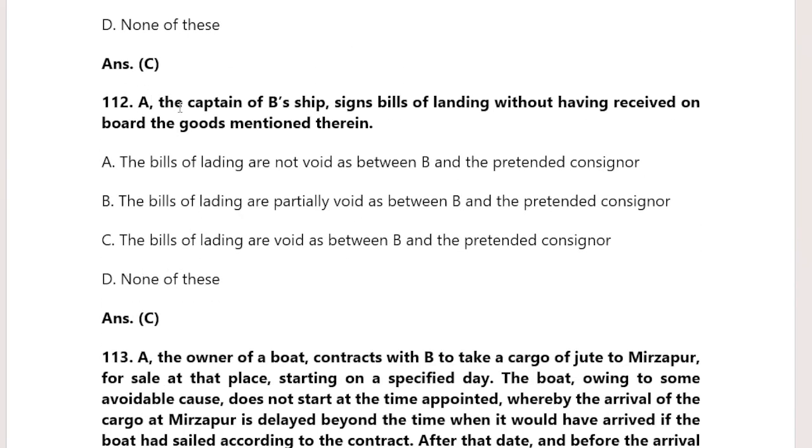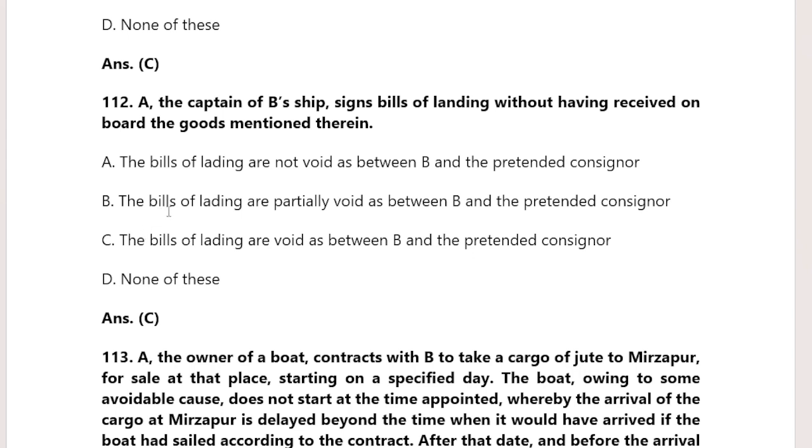And the next question is: A, the captain of B ship, signs a bill of lading without having received on board the goods mentioned herein. What are the options? Option A: Bills of lading are not void as between B and the pretended consignor.